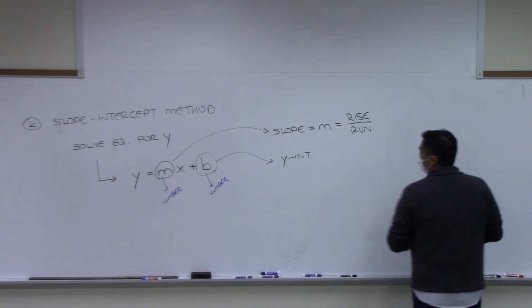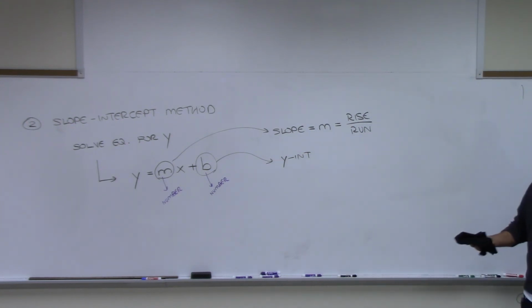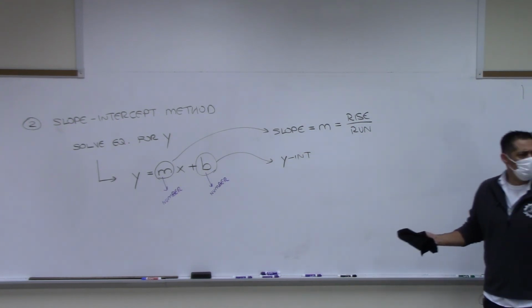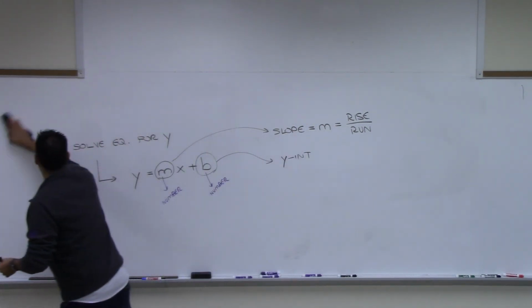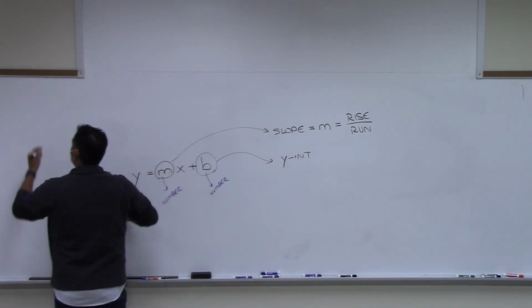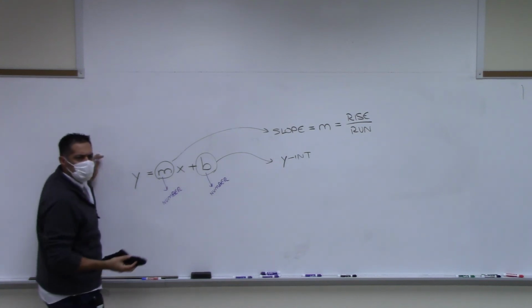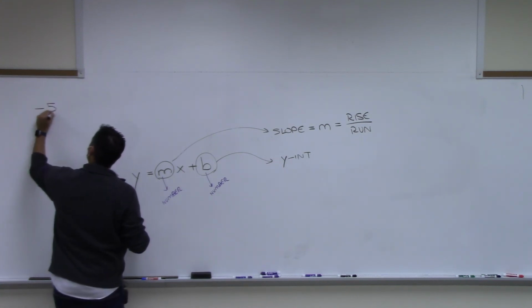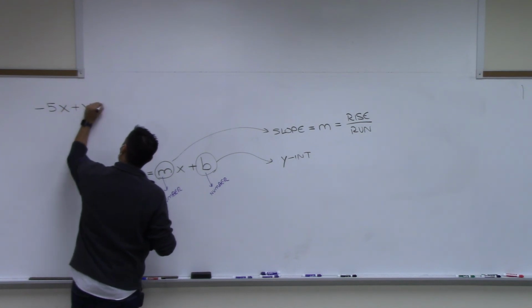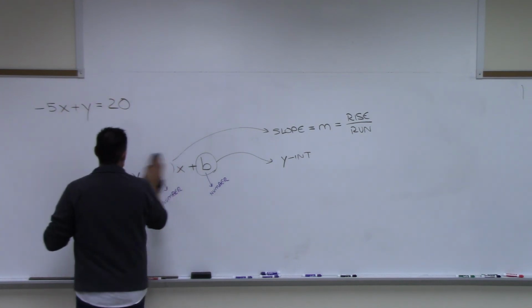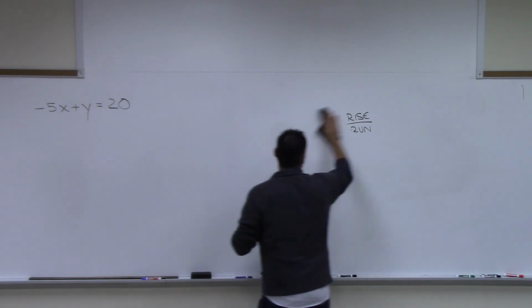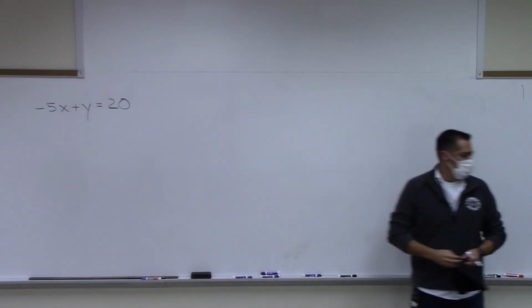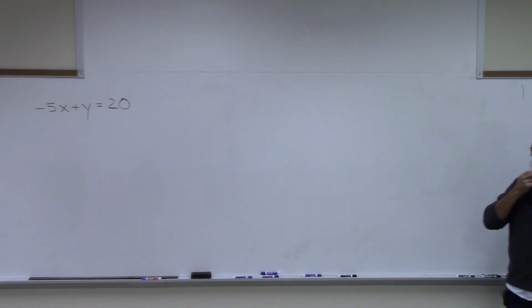Like I said earlier, I'm not going to care which method you use. Use whatever you want. So let's do the first problem that I gave you to do just now. It was negative 5x plus y equals 20. Let's sketch this line, and let's use the slope-intercept method. My first goal is to get y by itself.